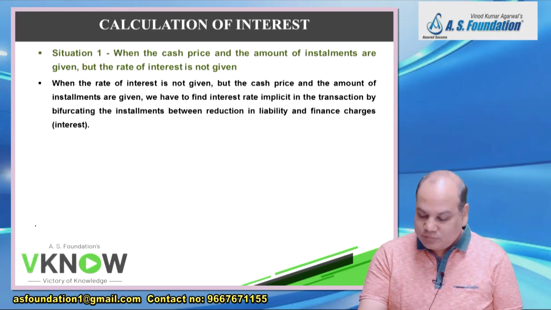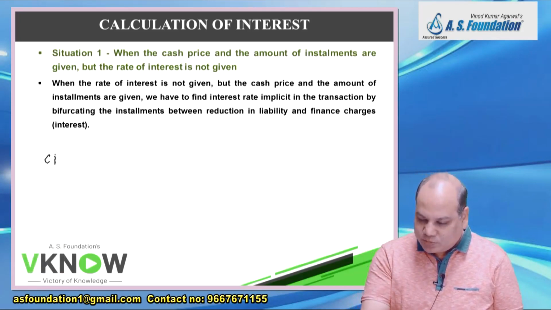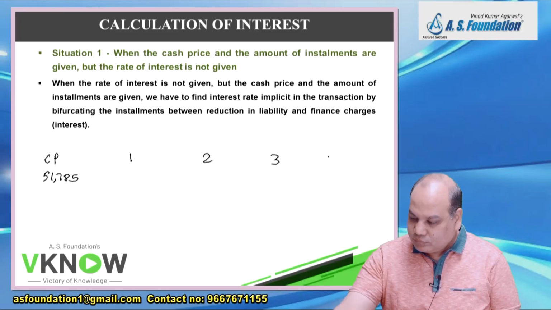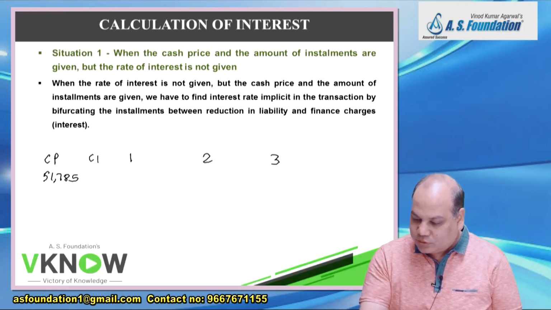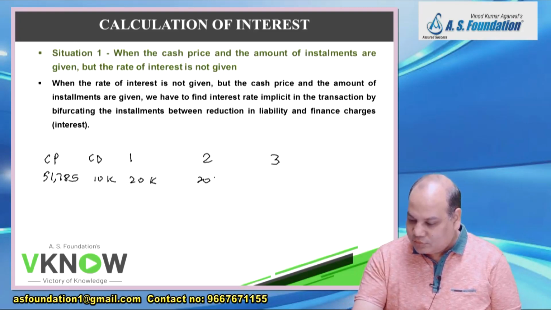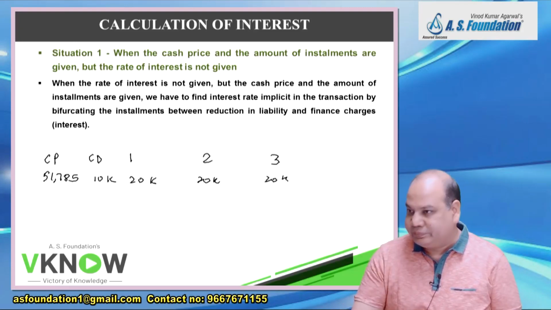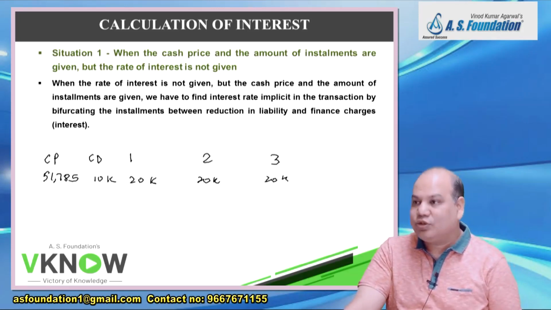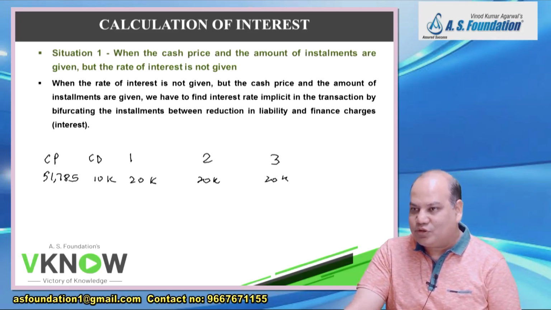Let us say for example the cash price is 51,785 or something, and you are given 3 installments and 1 cash down also: 10,000, 20,000, 20,000, 20,000. Now you will have a difficult time. They will ask you what is the interest included in each installment.